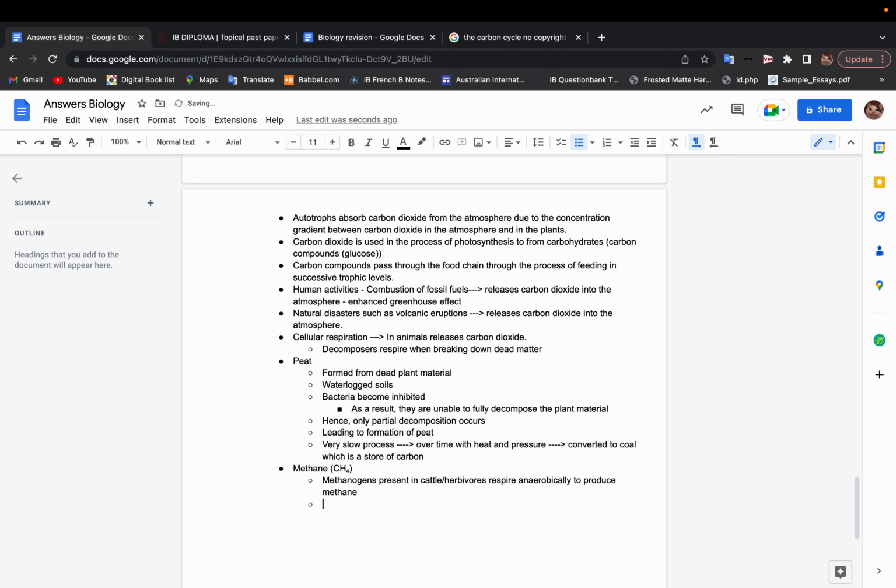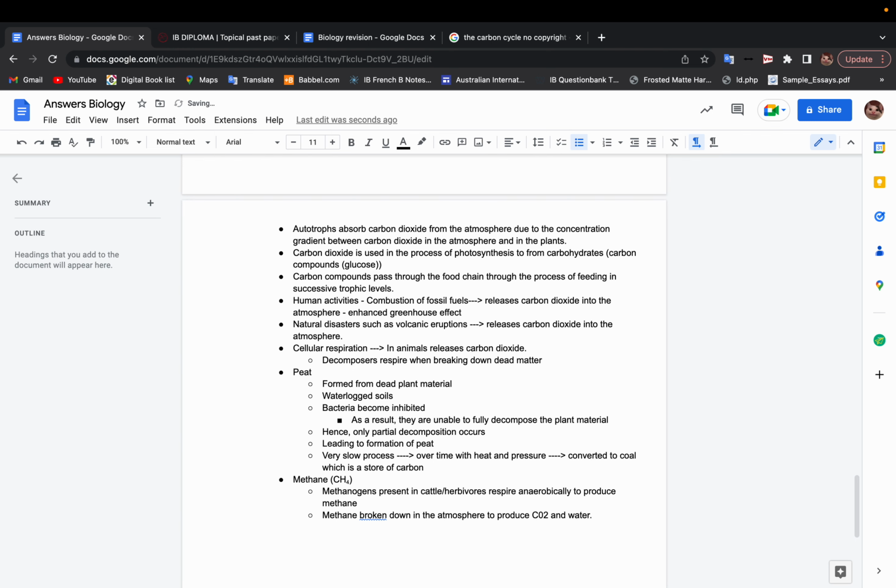Okay, you could say that. Methane is broken down in the atmosphere to produce carbon dioxide and water. So that's about your methane.